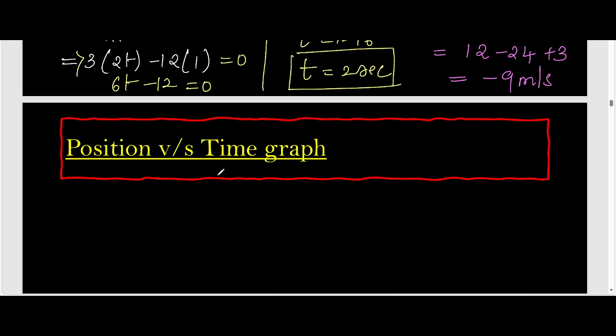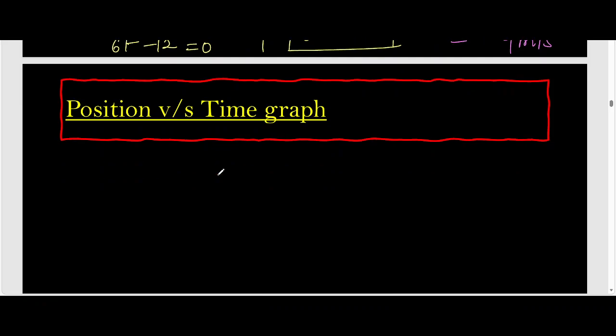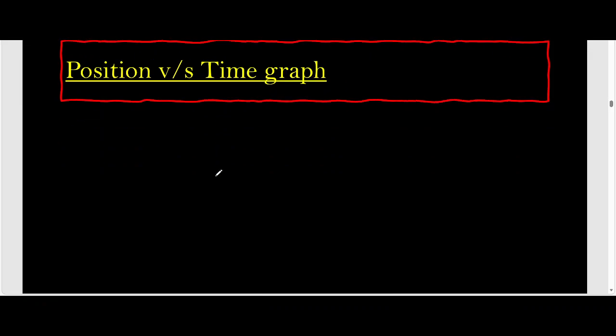Now we'll see the graphs: position versus time, velocity versus time, and acceleration versus time. This is the first graph, position versus time. Remember, the slope of the position versus time graph will give you velocity. How do you find the slope?